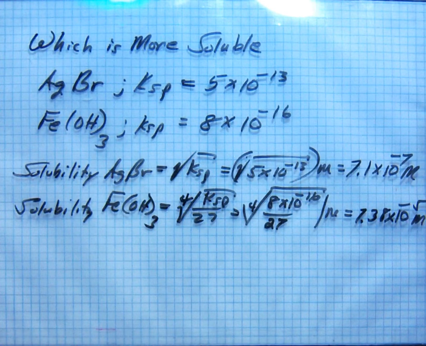If the question that's given, say you have silver bromide, silver chloride, silver iodide, well, all of them have the same ionization ratios. So that means the bigger number is the more soluble. But if they have different ionization ratios, you have to use the solubility formulas and calculate each one. Everybody good on that?